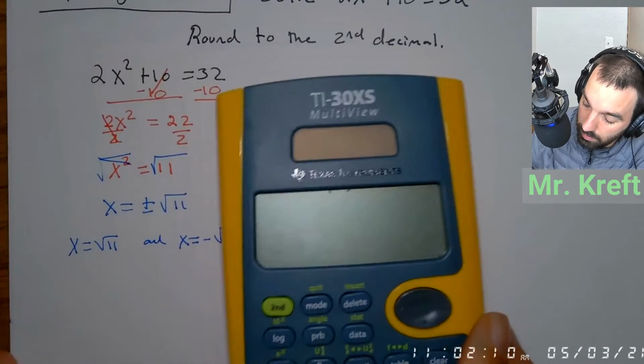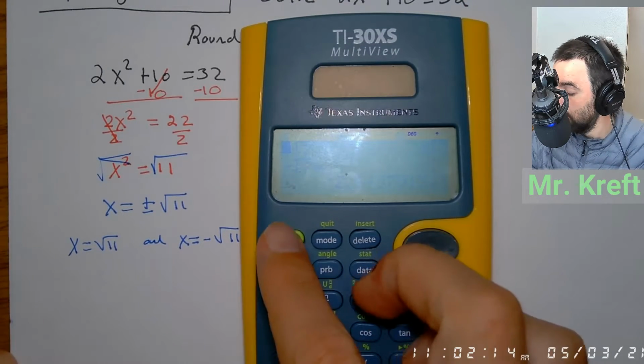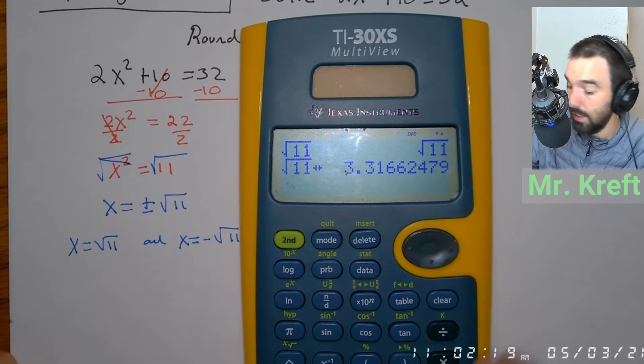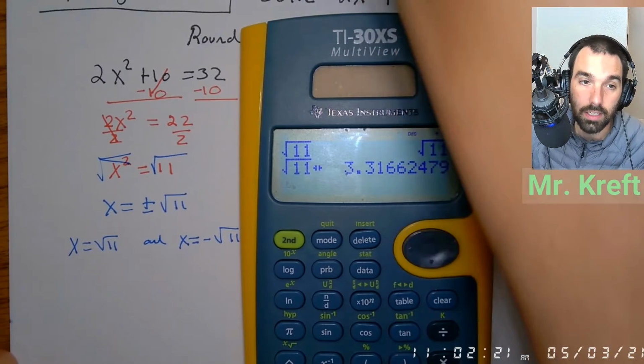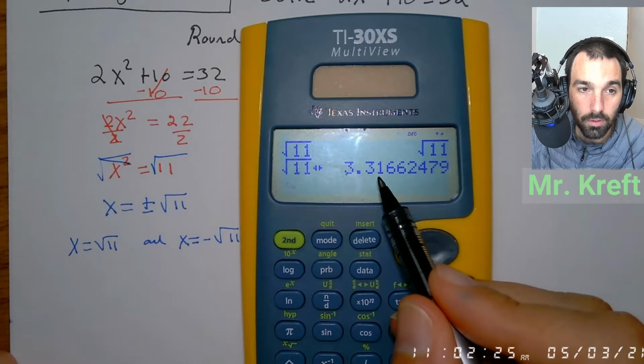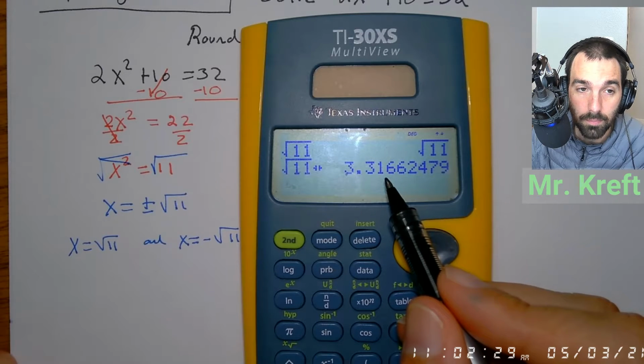So then what I'm going to do in my calculator to get the approximate answer is I'm just going to go and say, hey, what's the square root of 11? So I do that and I get, it is approximately, now again, we want to look at the second decimal and we're going to look at the third one to see if we round up or just stay the same.